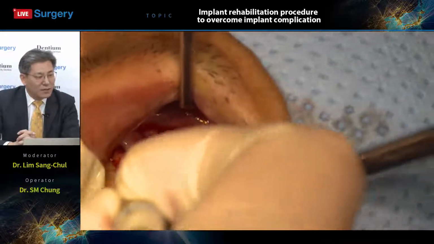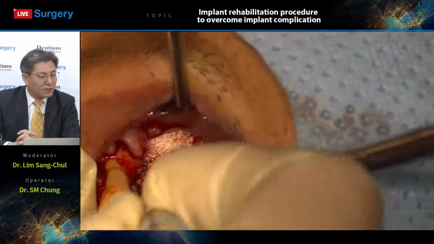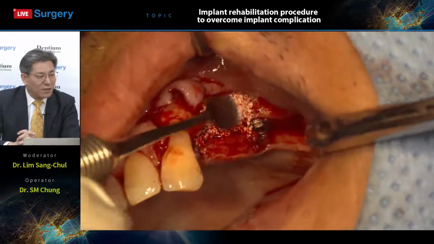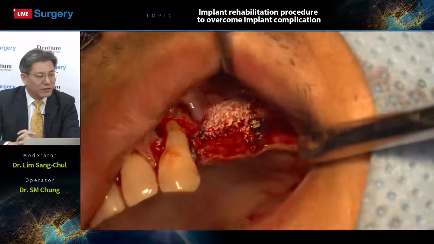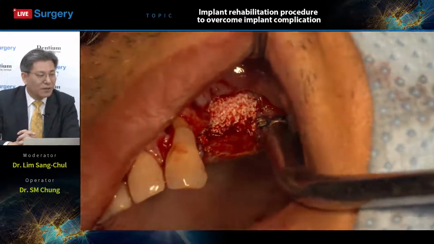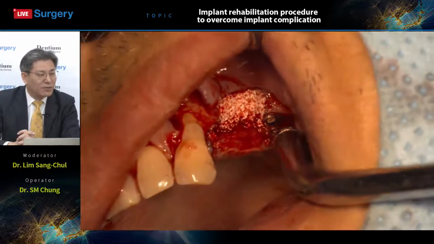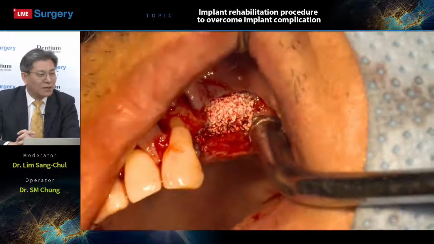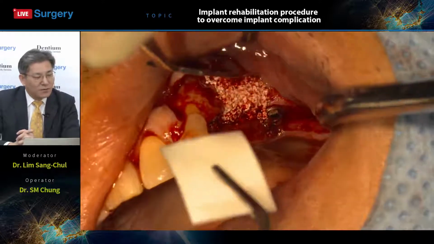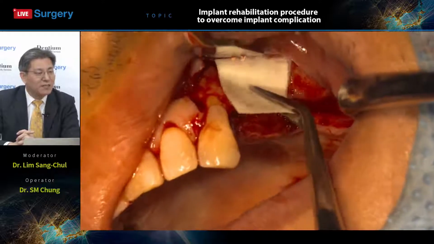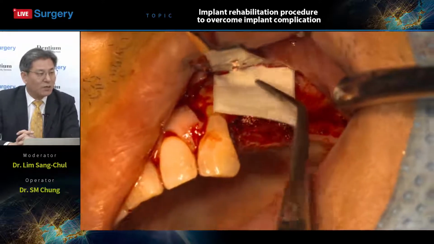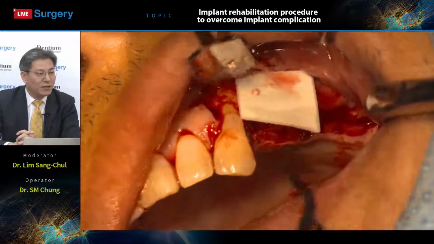Okay, now he is checking the palatal area. I think in this kind of defect situation, maybe partly tugging of the membrane is better, and on the labial side, maybe using a pin or some other available devices. Someone uses a periosteal releasing incision and then periosteal suture for fixation of the membrane.